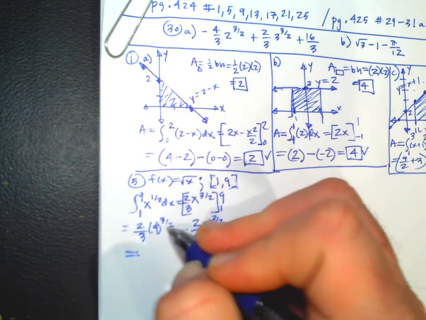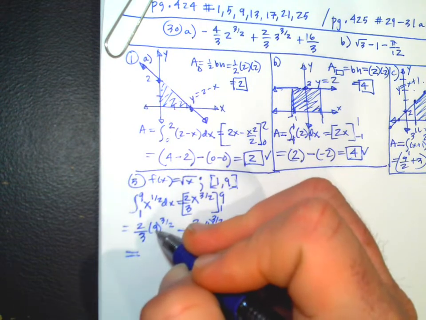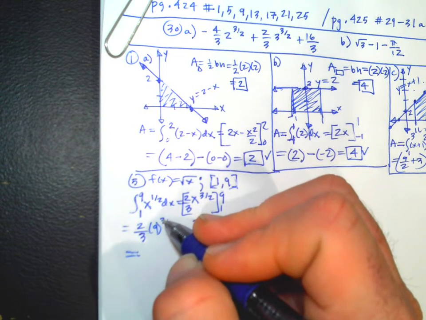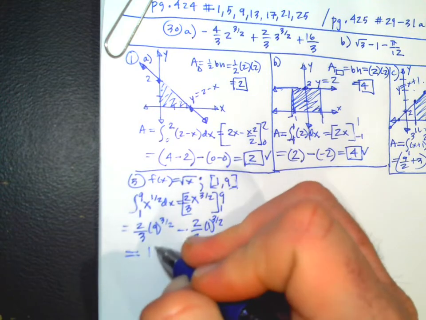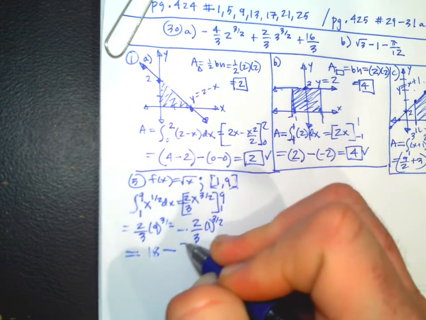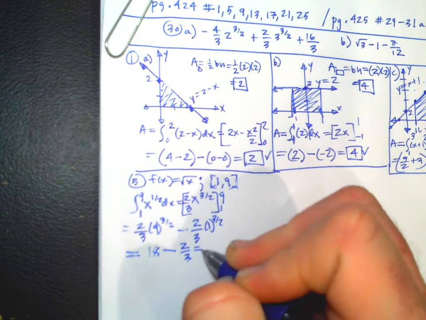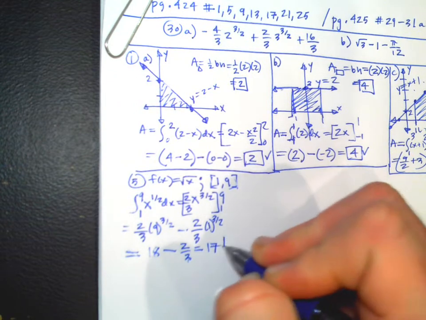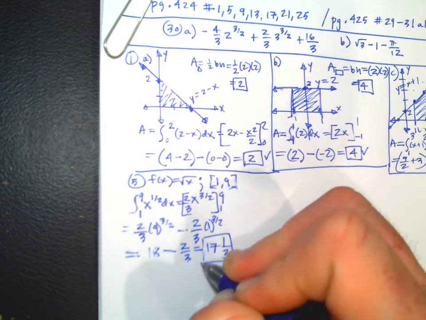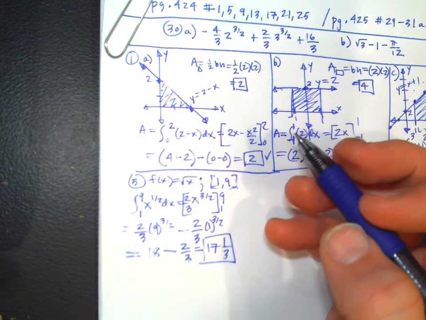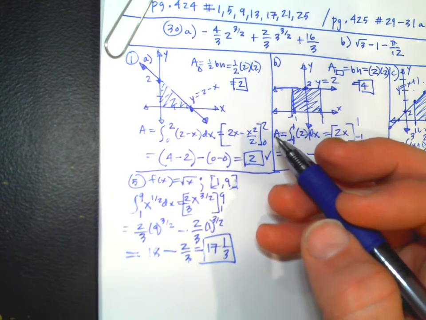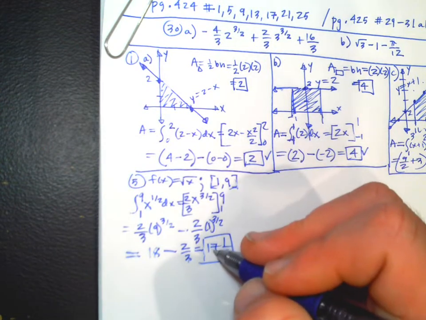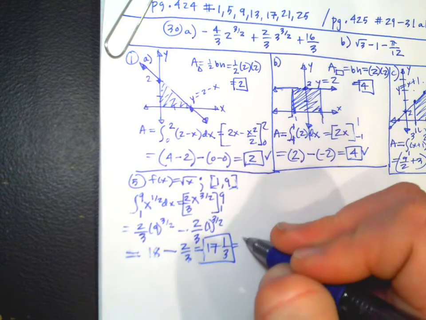The square root of 9 is 3, cubed is 27, times 2/3 reduces to 18. So we could say 17 1/3, or we could write it as 52 thirds.